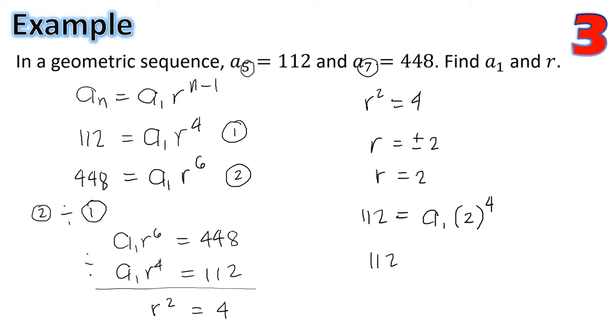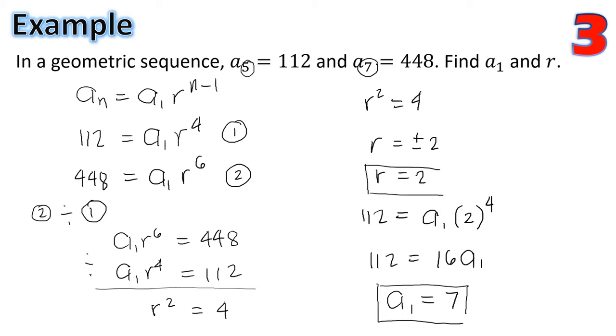So we have 112 equal to 16, that's 2 raised to 4, times a sub 1. Dividing both sides by 16, we have a sub 1 is equal to 112 divided by 16, that is equal to 7. Therefore, a sub 1 is equal to 7 and r is equal to 2.